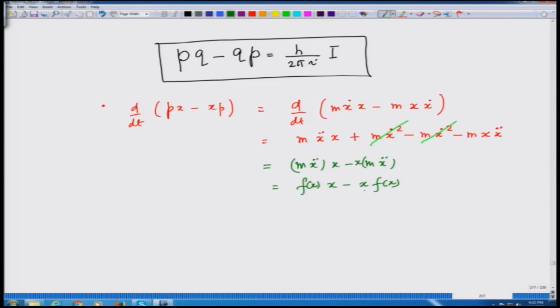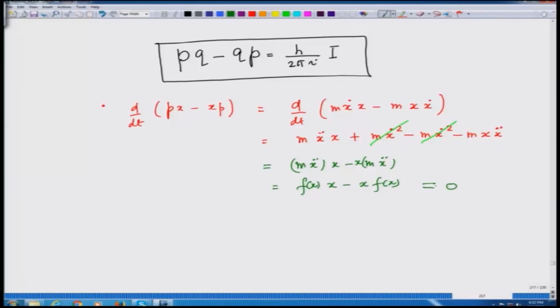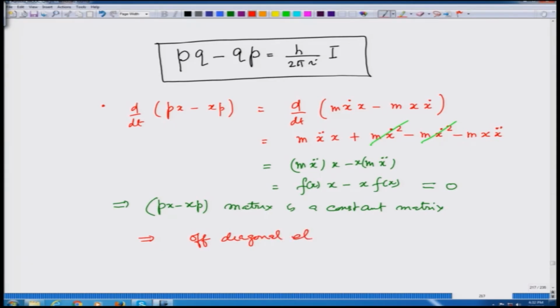If force depends only on x, force times x is same as x times force, so therefore this must be 0. And this implies the px minus xp matrix is a constant matrix, and that immediately gives me that off diagonal elements of pq minus qp, I am taking the liberty of writing q, are 0, and this leads to this condition.